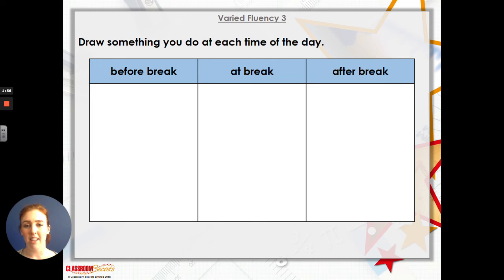Then at break, that's when we're all playing outside, maybe you're on the trim trail or the climbing frame. And after break, we come inside and wash our hands, so we could say that, couldn't we? Or we could draw us doing a little bit more maths work. They're different things that we do after break.